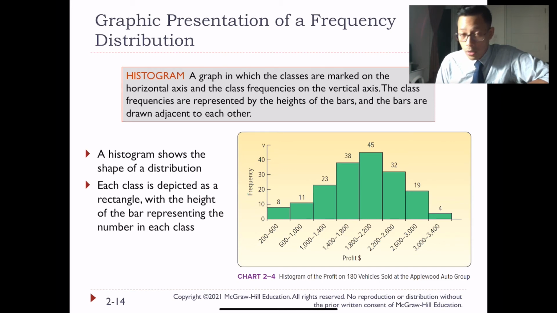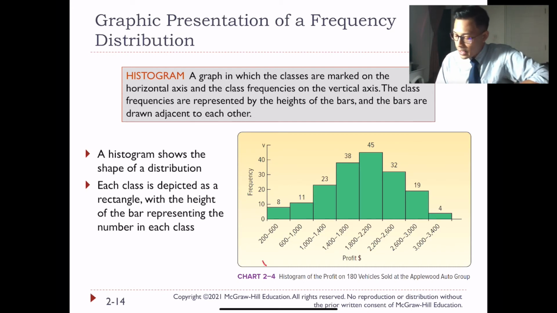It tells you a lot about the way a variable is distributed, and about the center of this distribution. So this is something that you want to learn and then implement in the future.